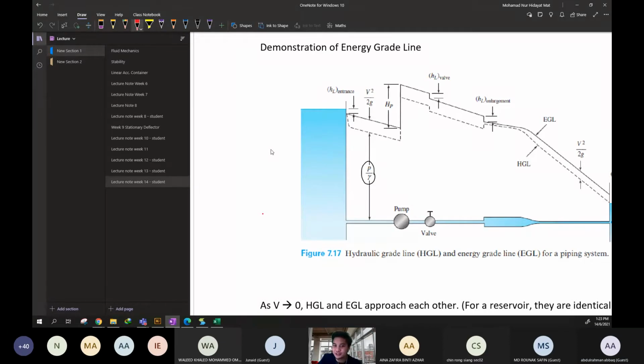When you go for a job interview with a company, they might ask you what's the function of a pump. Increase pressure. Yes, the function of a pump is to increase the pressure. So that is why the pressure increases from this point to this point. That is the function of a pump.